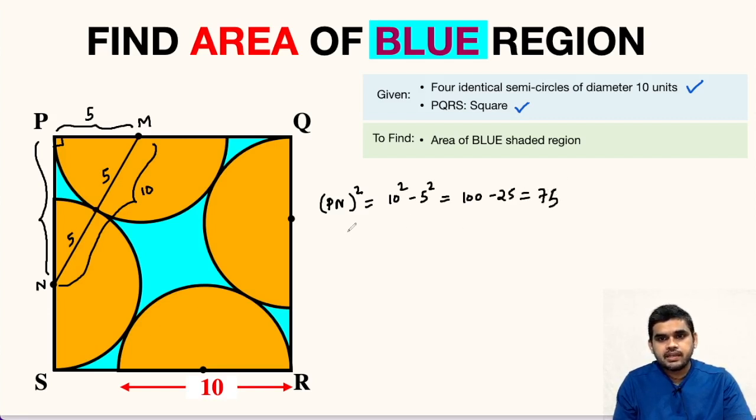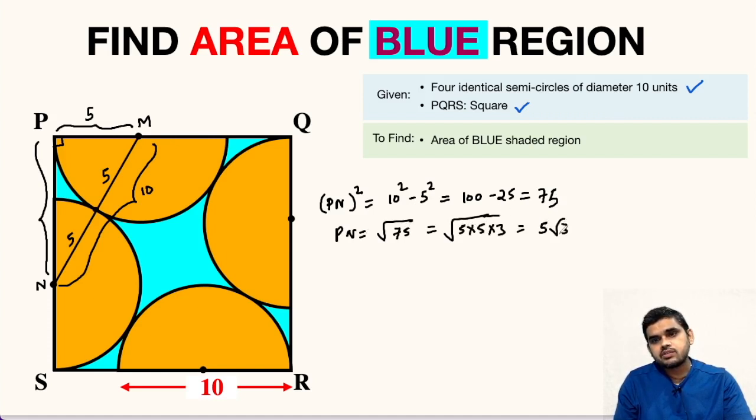So PN will be square root of 75, which gives us 5 times 5 times 3. So we can write 5 root 3 units. So this distance is 5 root 3. And what about NS? NS will be the radius of this semicircle. So this will be 5 units.